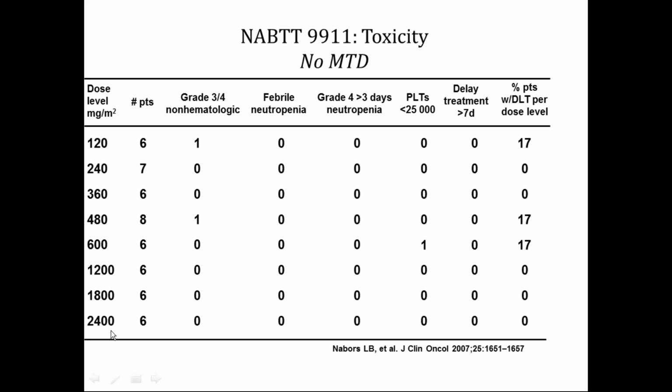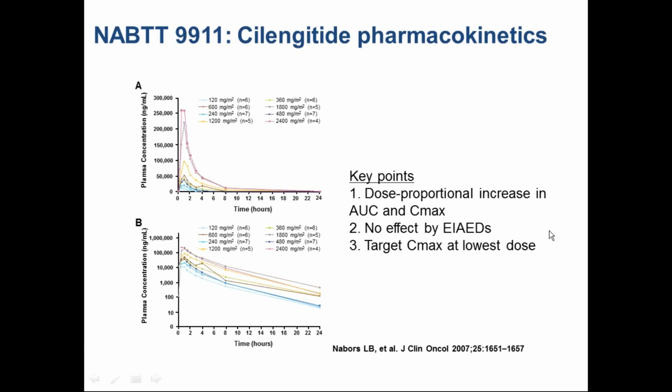So 2,400 was as concentrated as the company could make it, and so we couldn't go any higher than that. But if we look at just the toxicities described that define a dose-limiting toxicity, we can see very little through the course of all these dose escalations.